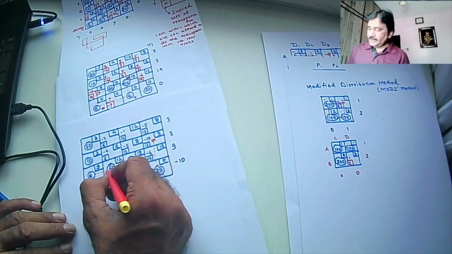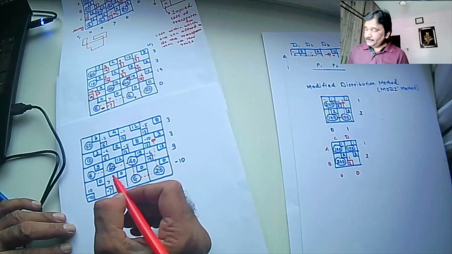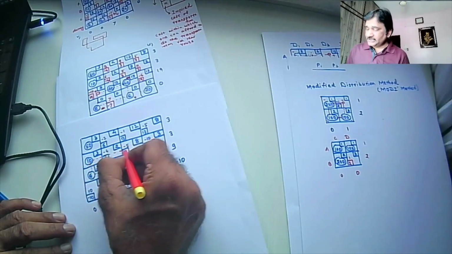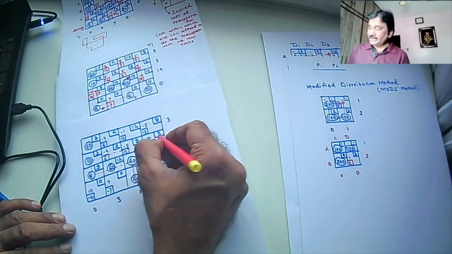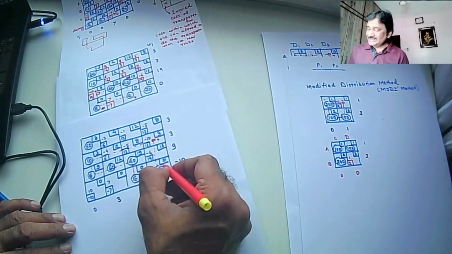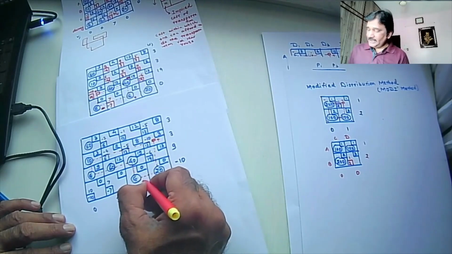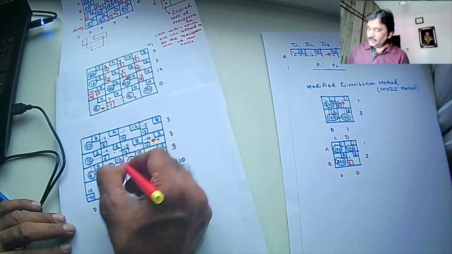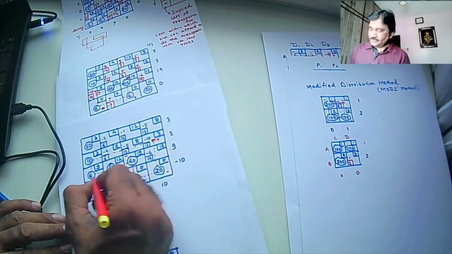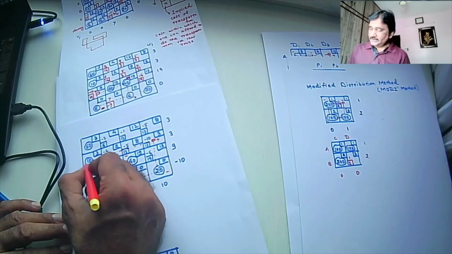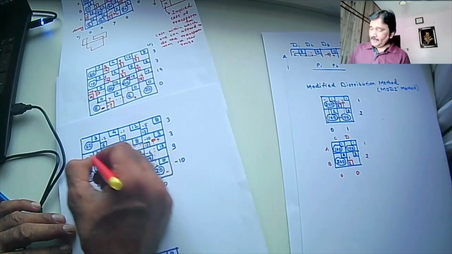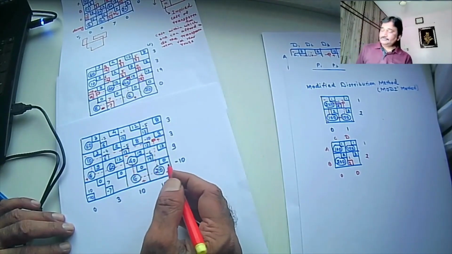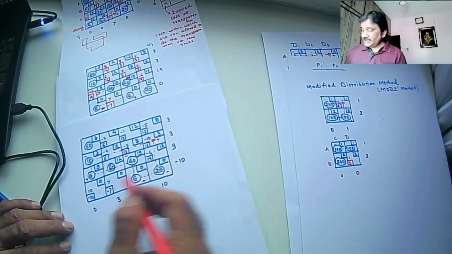So you will be coming here, then from here you will be coming here so as to reach the destination from where you started your journey. So you will be marking plus, then minus, then plus, then minus at all the corner points only, alternately plus, minus, plus, minus.